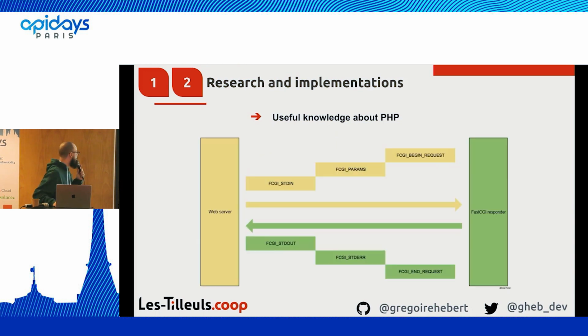What does CGI do? Well, it takes the entry and chops it in bits in different sections before sending it to your PHP. You have here the standard in parameters, the beginning of the request, and then you have the same chops that are reconstituted in the end for the error, the request, and the standard output.